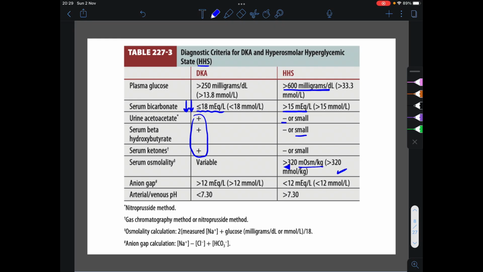Again, the anion gap in HHS is less than 12, while it's more than 12 milliequivalents per liter in DKA, and the pH is actually more than 7.3, which is going towards alkaline, while in DKA, because of the ketones and the weak acids being produced, it is less than 7.3.